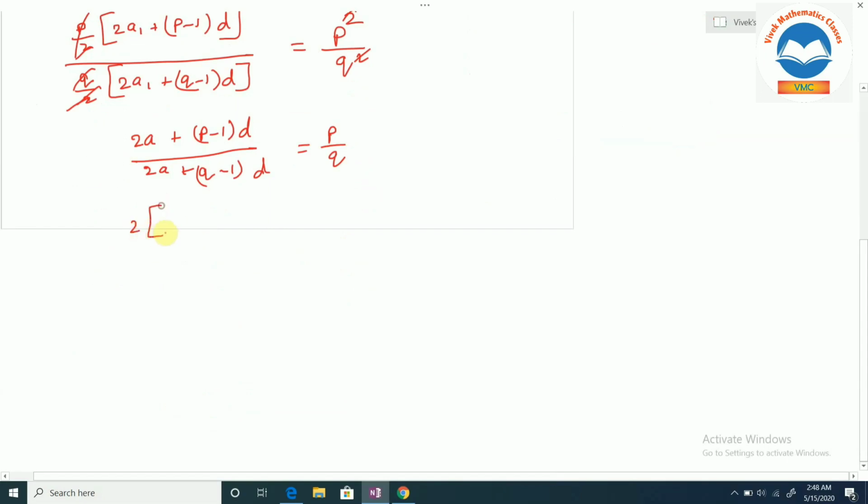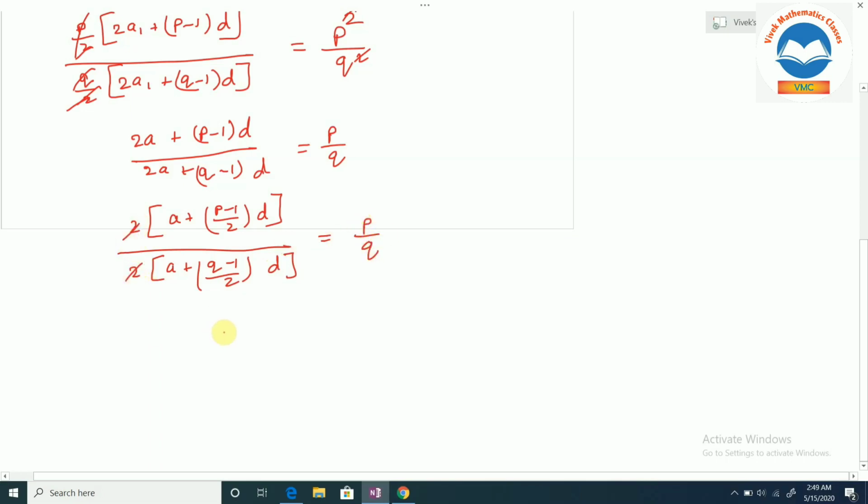If you take 2 common, what will you get? A plus (P minus 1) by 2 into D divided by, here also if you take 2 common, A plus (Q minus 1) by 2 into D. Here 2 and 2 will be cancelled out.